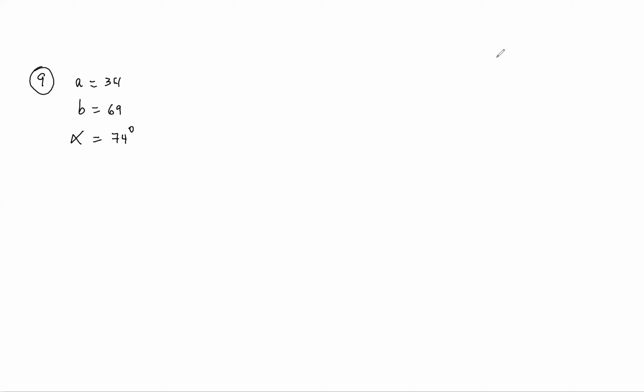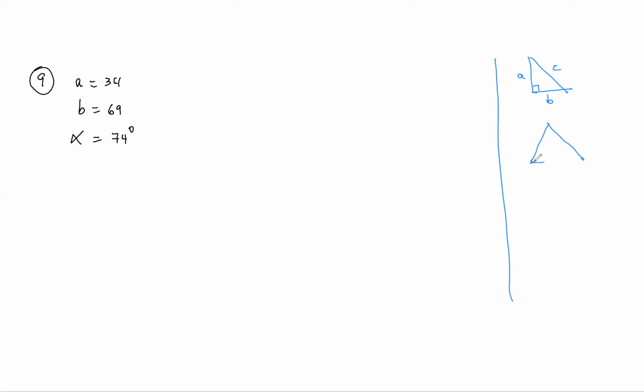A short remark right here. If somebody mentions a right triangle, I think of this triangle. But in this case, they never mention a right triangle, so I assume it's an oblique triangle.